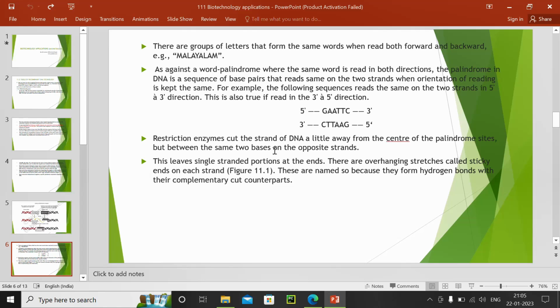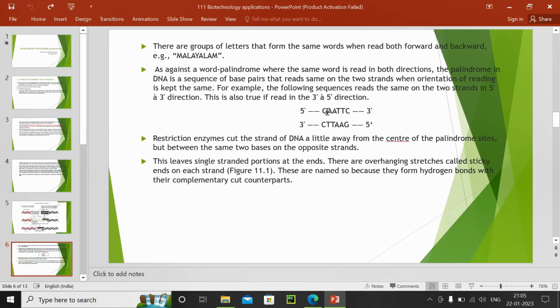Restriction enzymes cut the strand of DNA a little away from the center of the palindromic site, but between the same two base pairs on the opposite strands. So how do restriction enzymes cut the DNA?